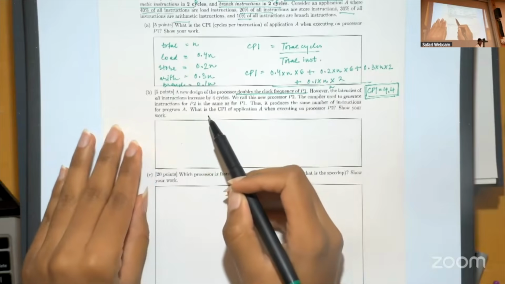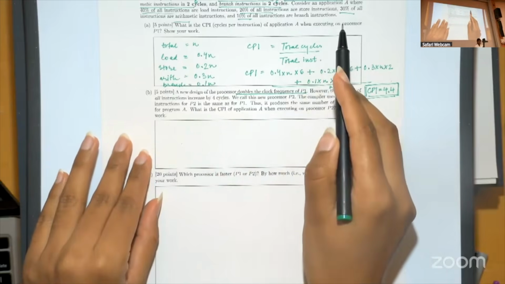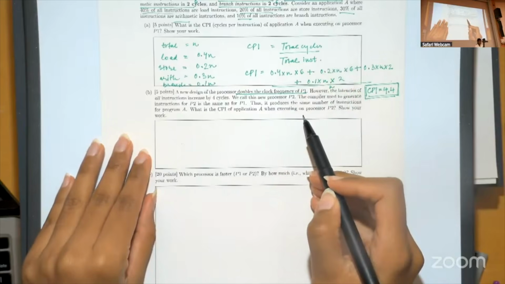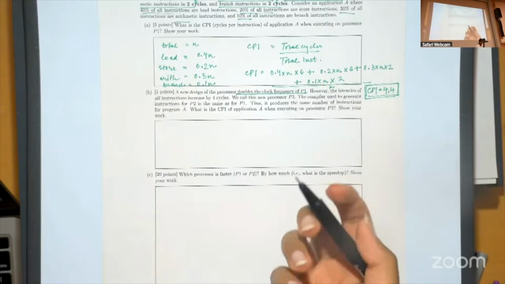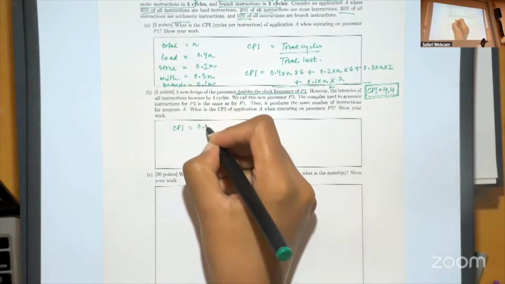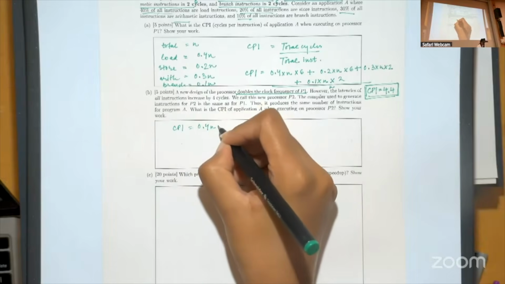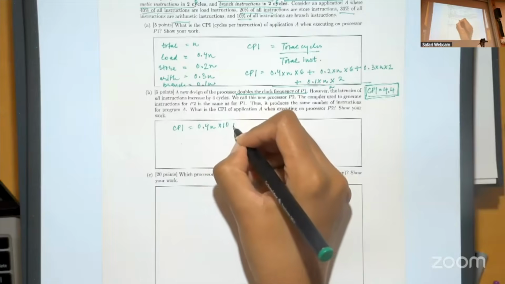And again, we are asked what is the CPI of application A, the same application as in part A, when executed on processor P2, and we have to show our work. So again, we will use the same approach. Now we will just change the cycle count. I will do it very fast because we don't have much here.